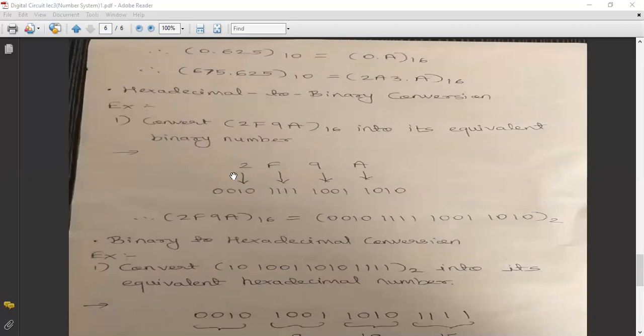Each digit will be represented by a 4-bit binary number. So 2 is represented as 0010, F is represented as 1111, 9 is represented as 1001, and A is represented as 1010. Therefore, 2F9A to the base 16 is now converted into 0010 1111 1001 1010 to the base 2.